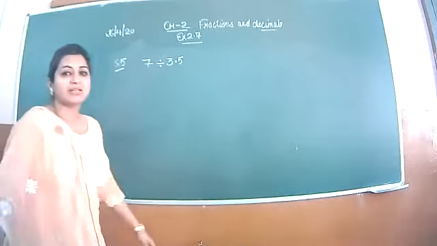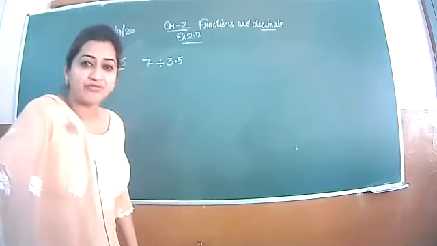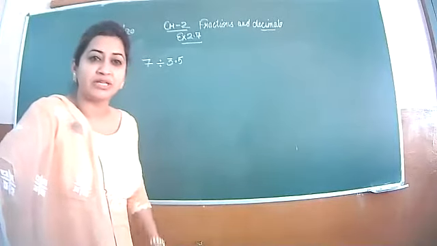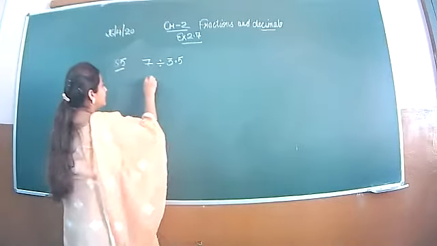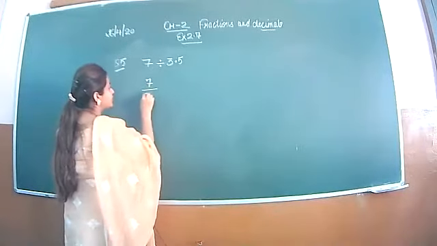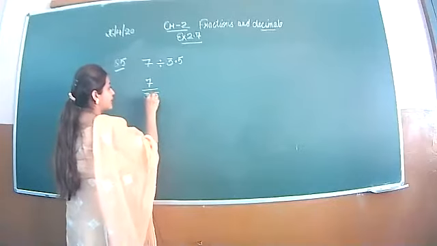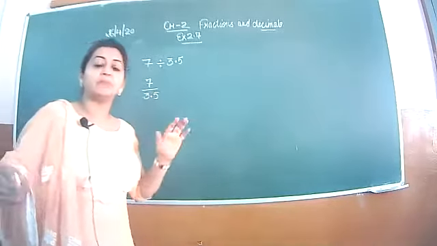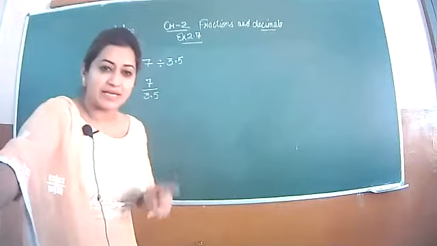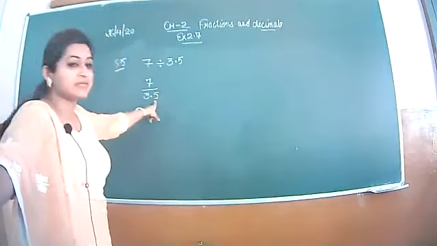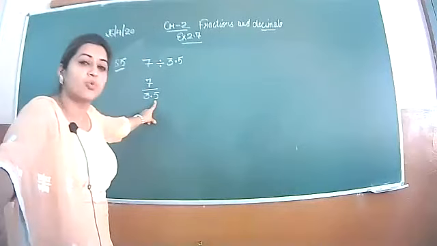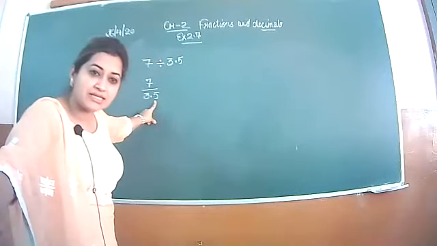Yes, look here, beta. This is completely different from the parts that we have already discussed in the first 3 questions. We want to divide 7 by 3.5. In the previous questions, the decimal was there, but in the numerator. Now in this question, the decimal is there in the denominator. So you will proceed in the same manner.